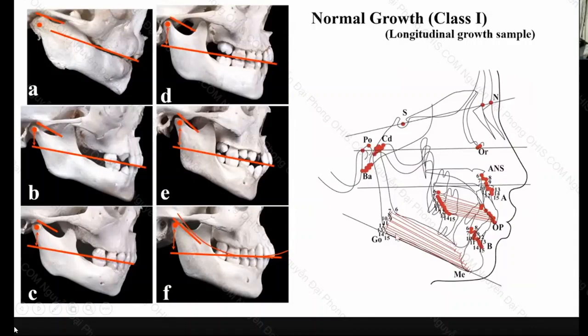That means the mandibular plane is closing, not opening, always closing. That means if the vertical dimension increases, the mandible rotates forward. That's why the mandibular plane angle is decreasing. This is normal growth.